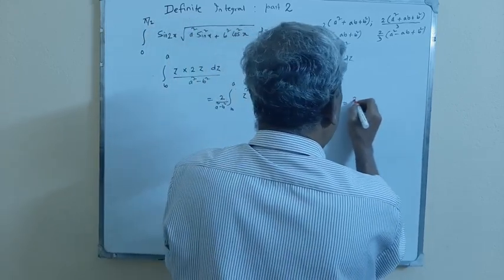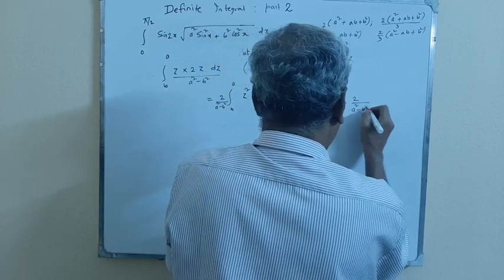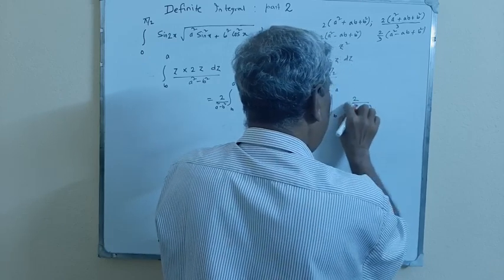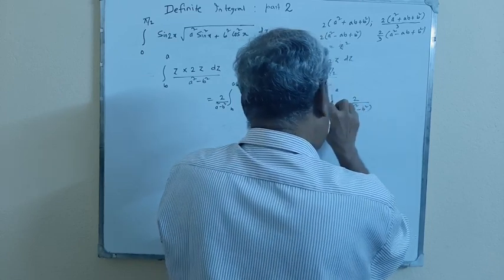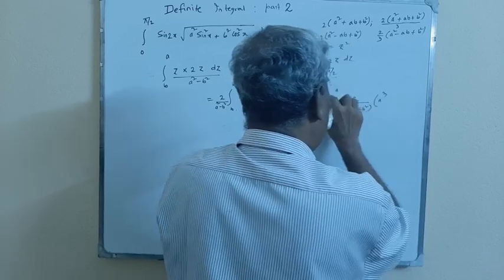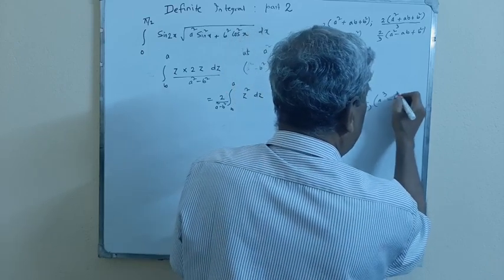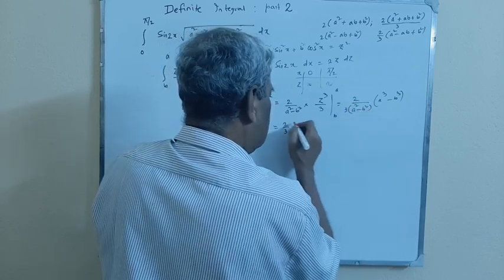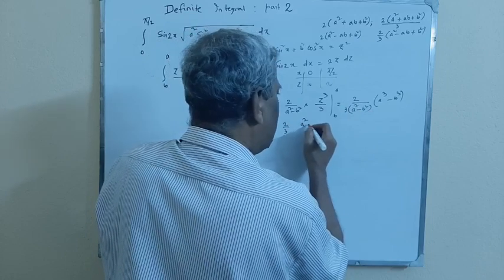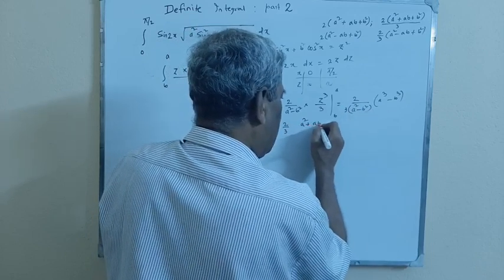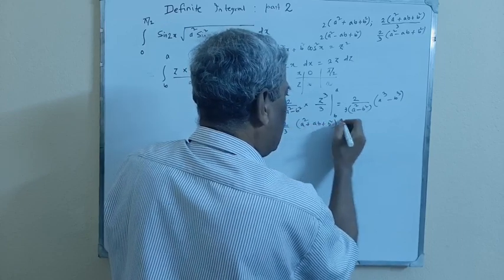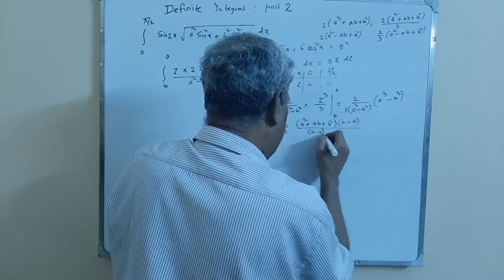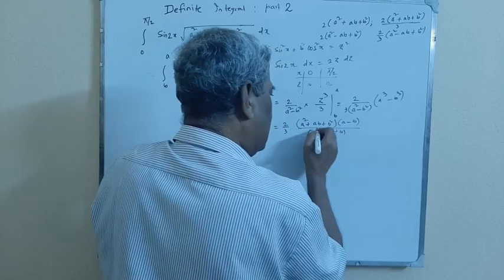So it is equal to 2 by a square minus b square, and 3 also is there, into z cube, meaning a cube upper limit minus b cube, which is equal to 2 by 3 into a square plus ab plus b square into a minus b, by a minus b into a plus b, so that this cancels.